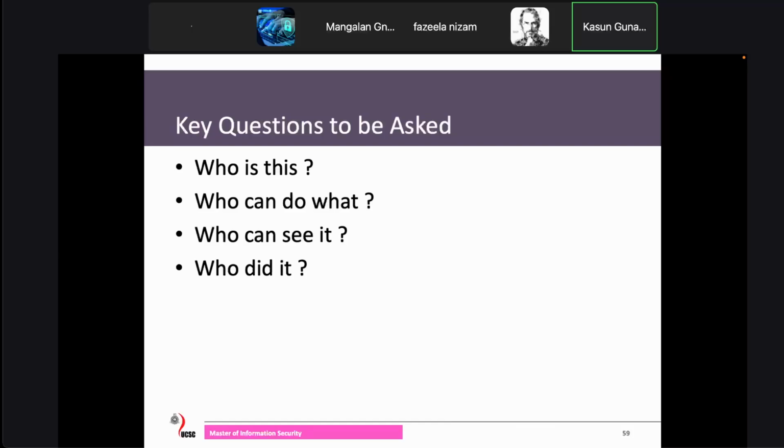Who can see it is about which data are exposed to which users. And then who did it: when something has happened, we want to know who has committed it.